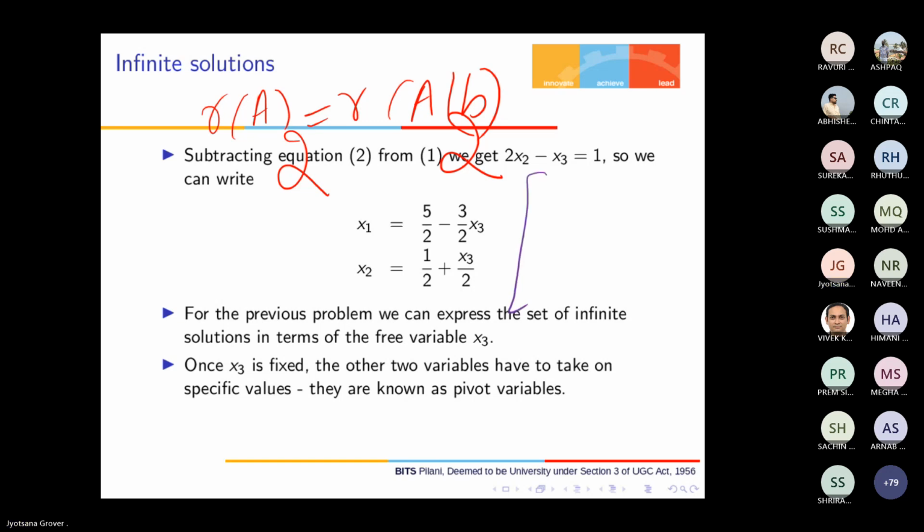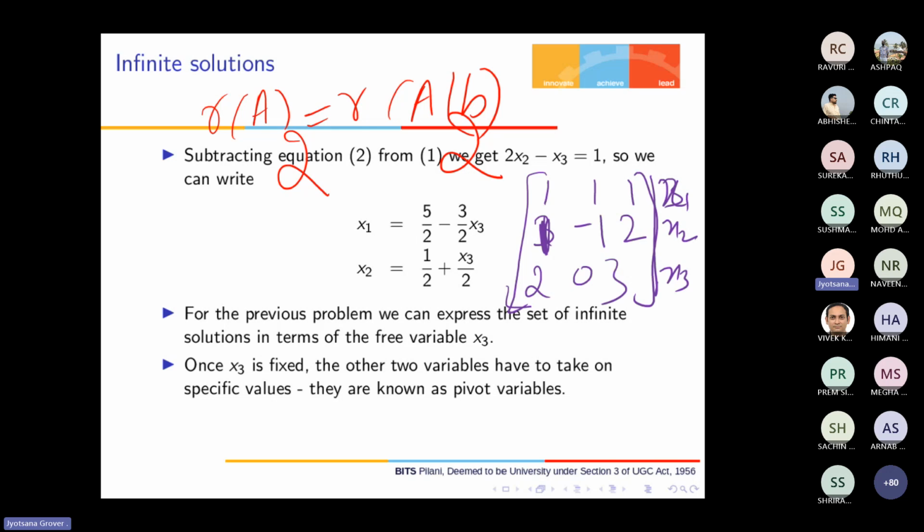The augmented side is 3. Second row is 1, -1, 2. Then 2, 0, 3. This is equal to B, and B was 3, 2, 5.